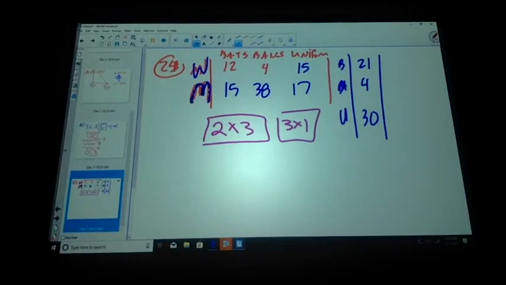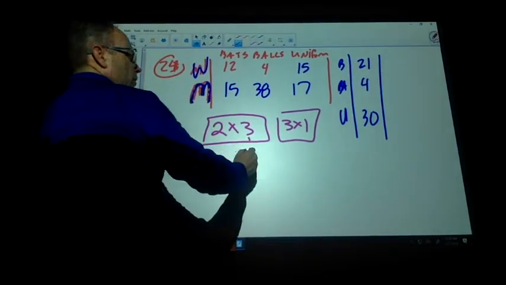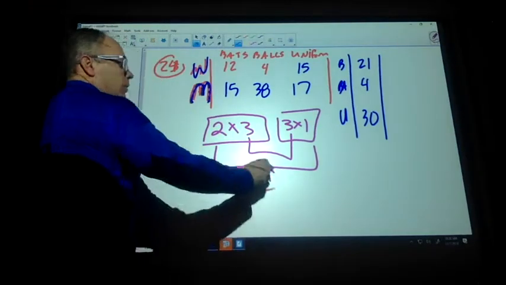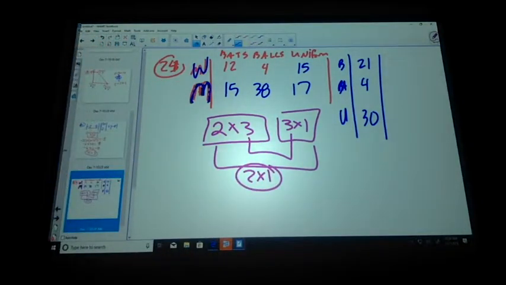Because my inside dimensions are the same, we can do it. It's going to give me a 2x1 for an answer. One of the costs will be for the women's team, that will be the top one, and the bottom answer will be the cost for the men's team.